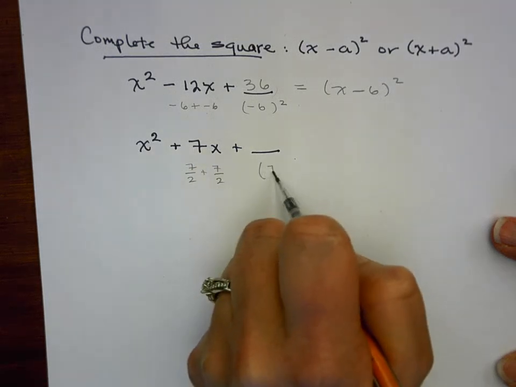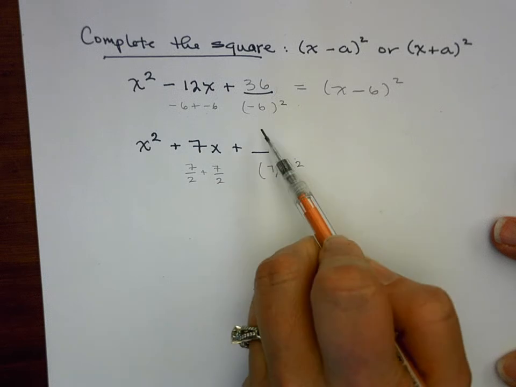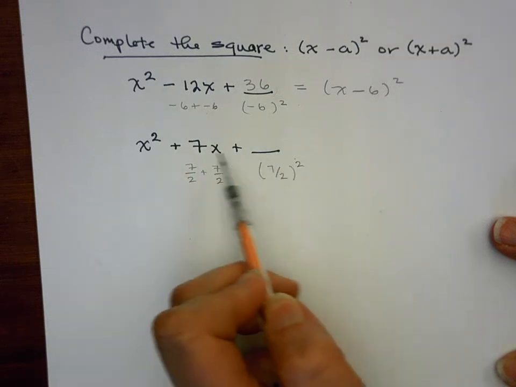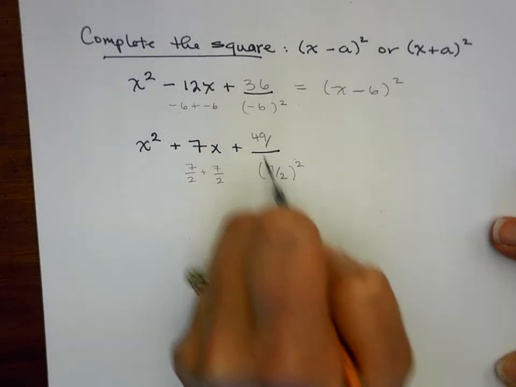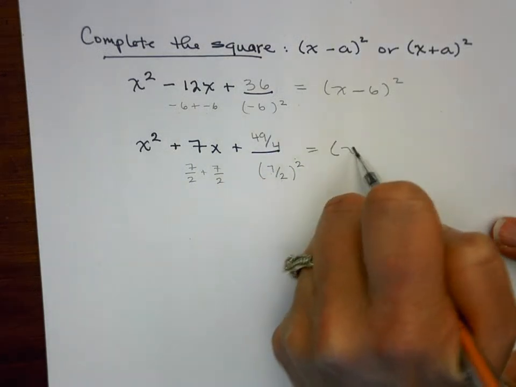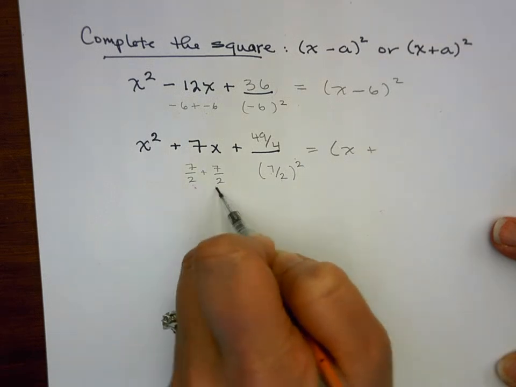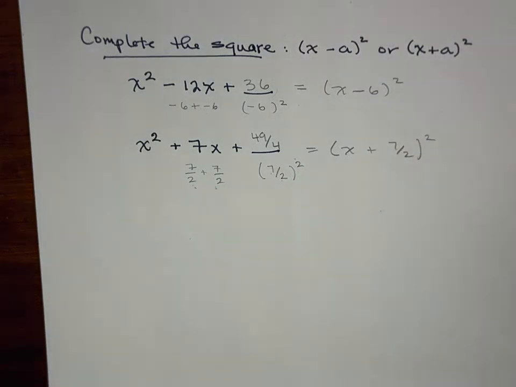So then if I multiply 7/2 by itself, that gives me the constant to finish out the perfect square trinomial. So 7 times 7 and 2 times 2. So then my factors would be (x + 7/2) squared. Okay, so that's a little review before we get started.